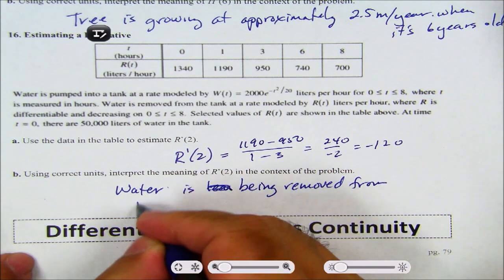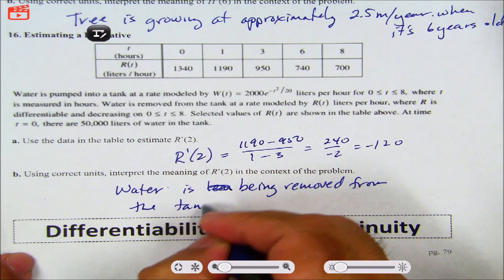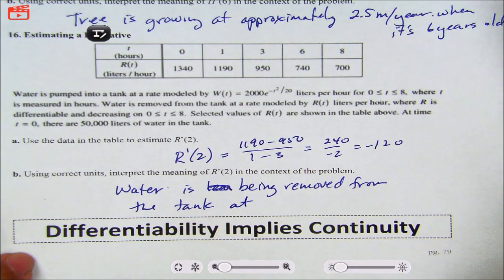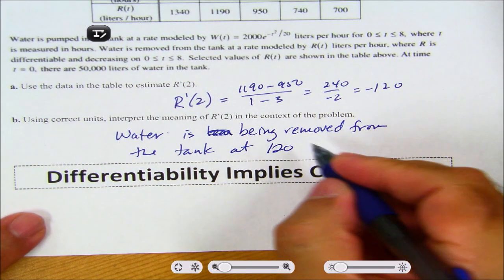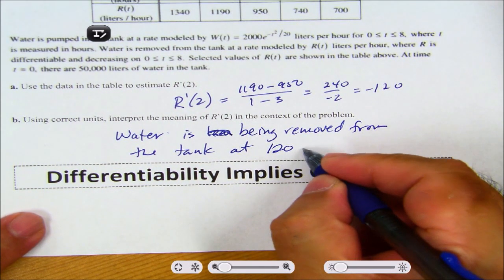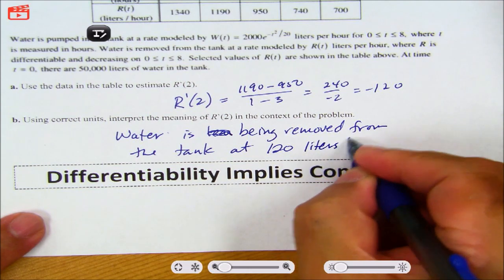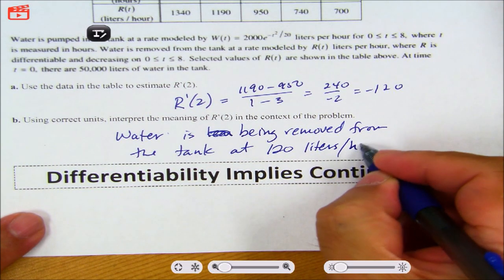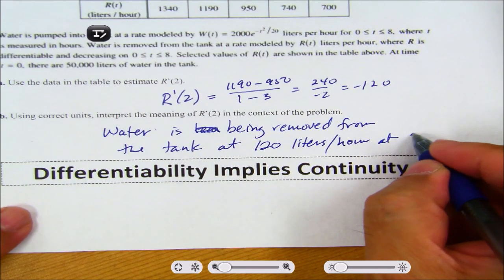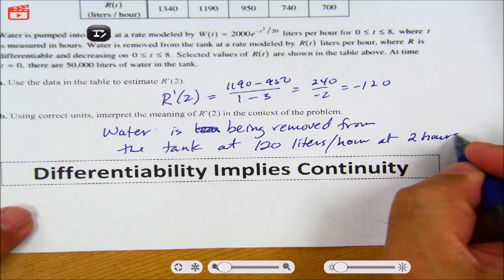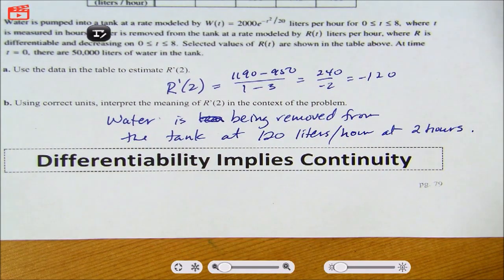Do I put negative 120 or 120? 120, because it already says removed. 120 liters per hour, at 2 hours. All that gibberish, and you just put that down.